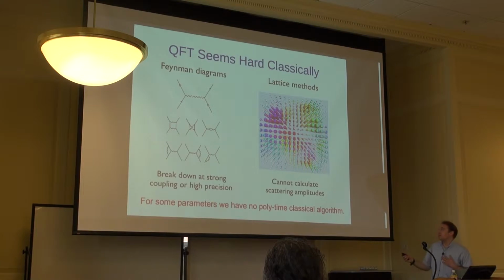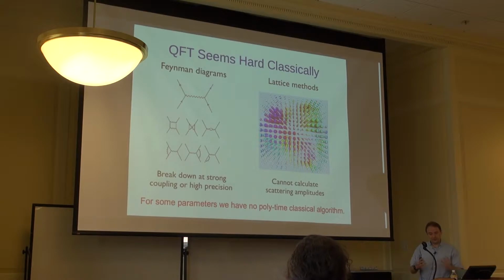On the other hand, lattice methods can deal with strong coupling. So you can see that there's a gap left by these. If you want to go to strong coupling or high precision and you're interested in dynamical quantities, we don't have a polynomial time classical algorithm that can do that. And so people have tried very hard, and we haven't found a polynomial time algorithm for that. And so that's kind of our experience-based evidence for why we think some quantum field theory problems are hard.